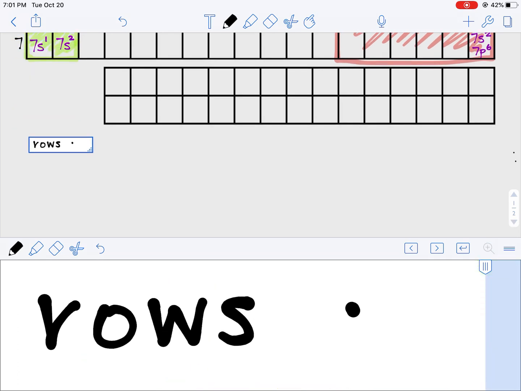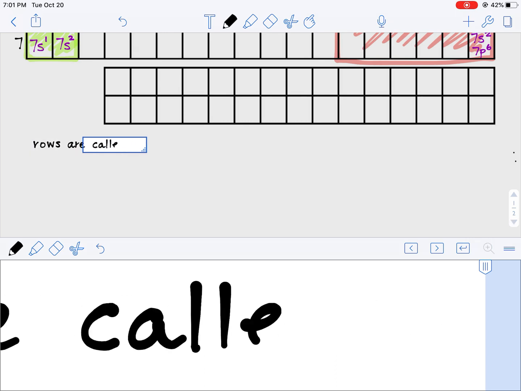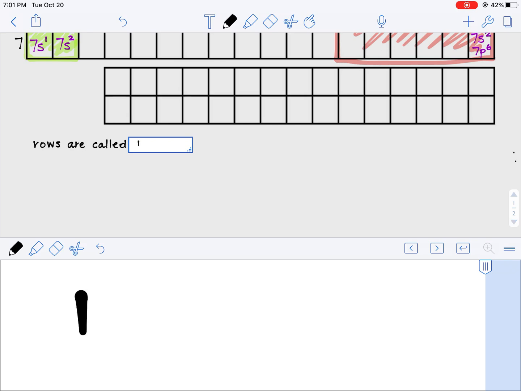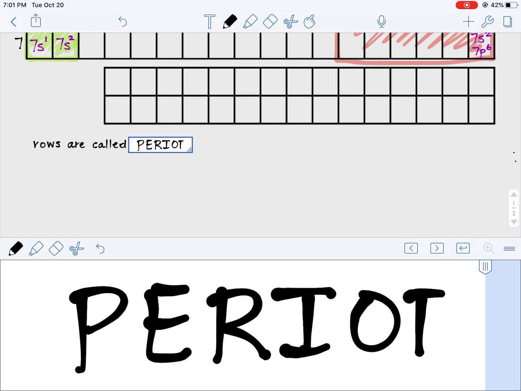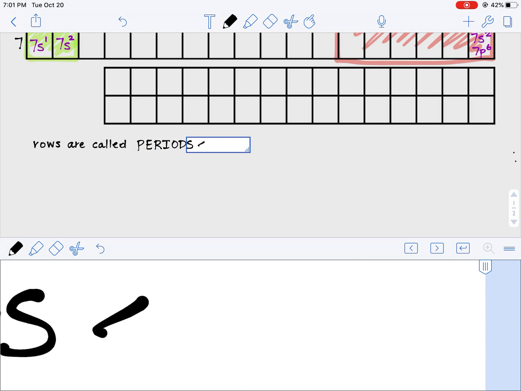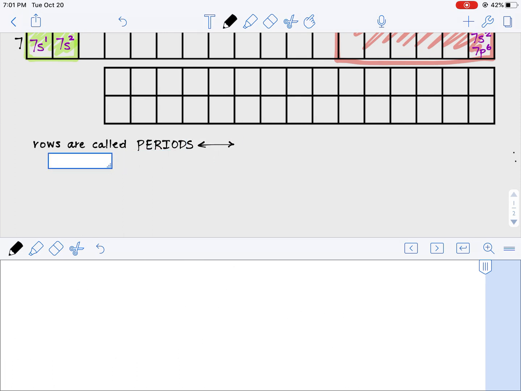The rows are called periods. Periods are what goes left to right, side to side on the periodic table.